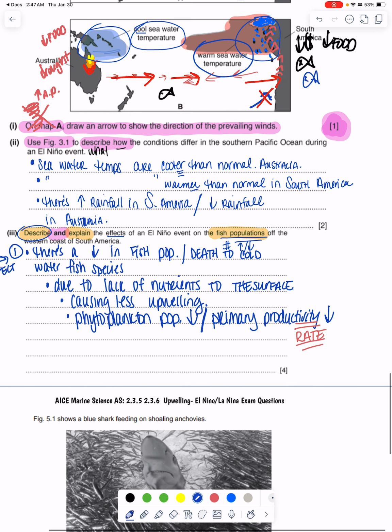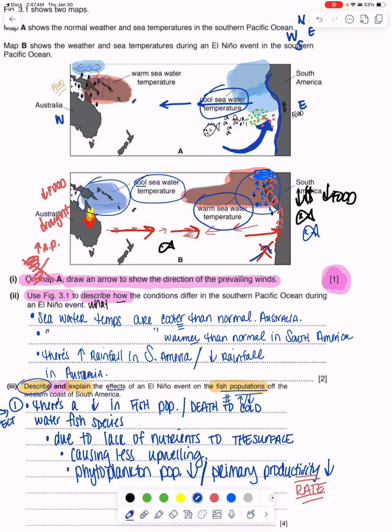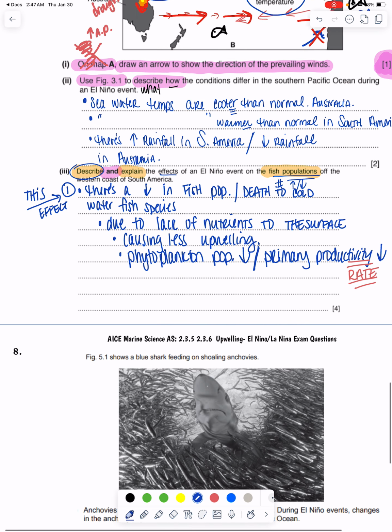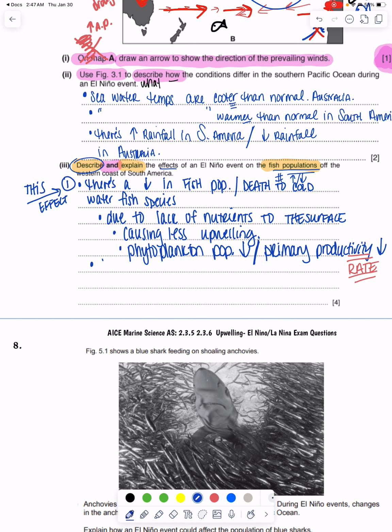Okay, so that's going to otherwise just cause a lack of food source. Alternatively, we can also talk about the rain that is happening. So increased precipitation, I'm just going to put precip, could cause flooding. Why would that matter? Because runoff.